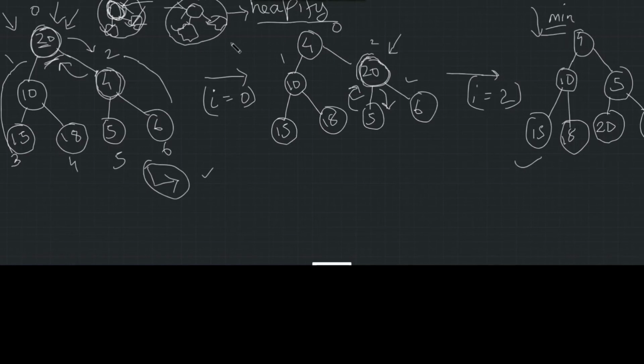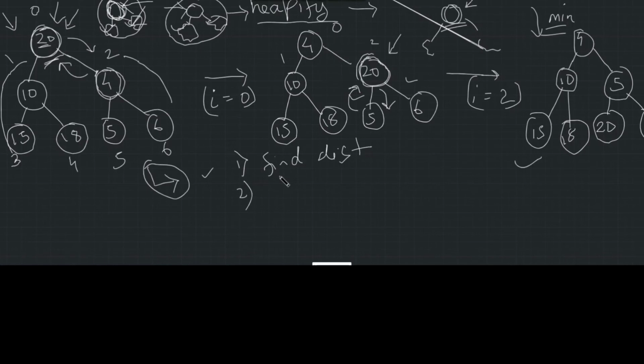The heapify operation is generally done on the node which is a disturbing node, which is violating the property. Its left and right subtrees are both heaps, but this node is the disturbing node, so we need to perform heapify over that node. What we have seen is: first, find the disturbing node which is violating the property.